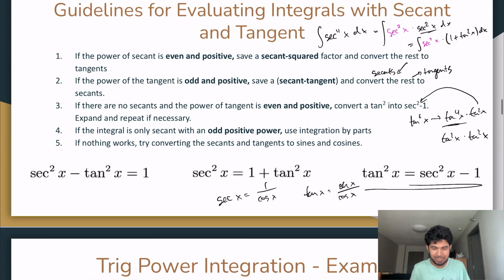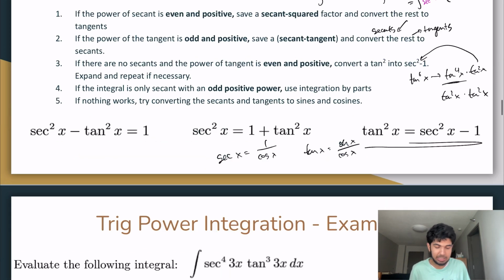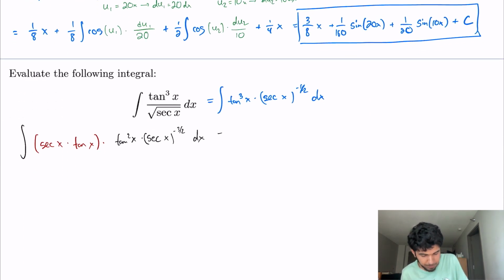Let's go back to the guidelines and see what it said. It said, save a secant tangent and convert the rest of the tangents to secants. So we had a tangent squared term. We know tangent squared equals secant squared minus 1. So let's do that substitution.